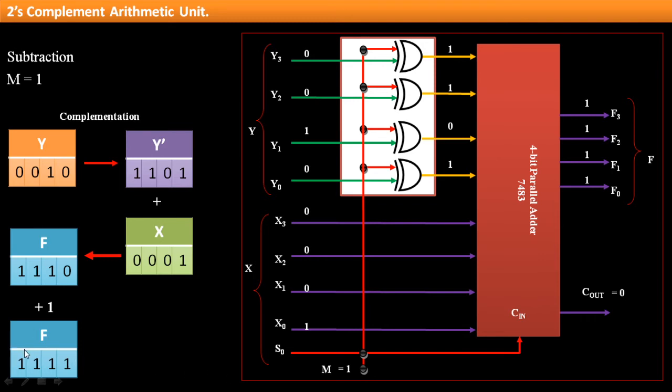Now, if all the outputs are 1, that means this is nothing but minus 1. Obviously, we had an input 2, another input 1. So, if we subtract 2 from 1, we will get minus 1. So, what we are getting here is all 1 means the most significant bit. This is actually in the 2's complement form of the negative number.